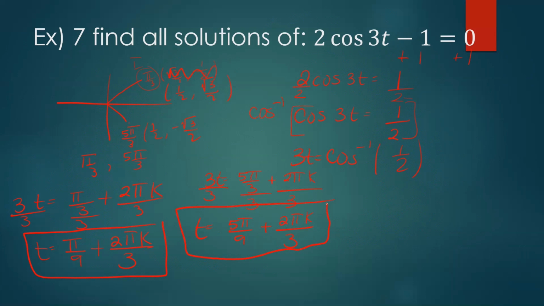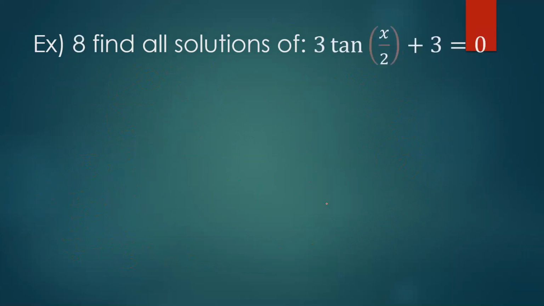Okay, so let's do example 8 and then one more and then we're done. Example 8 says find all solutions of 3 tan of x over 2 plus 3 equals 0. So what would I do first? I would subtract the 3 from both sides.